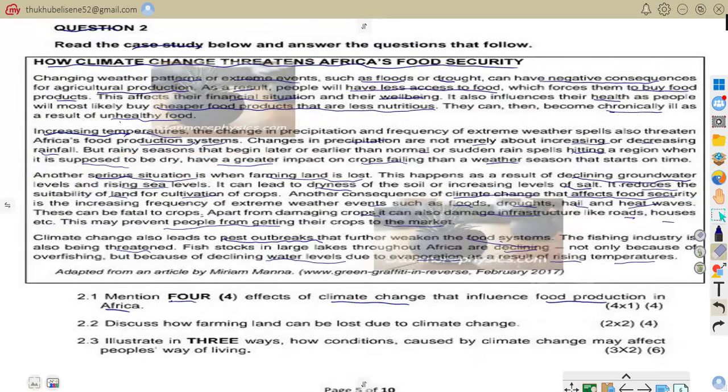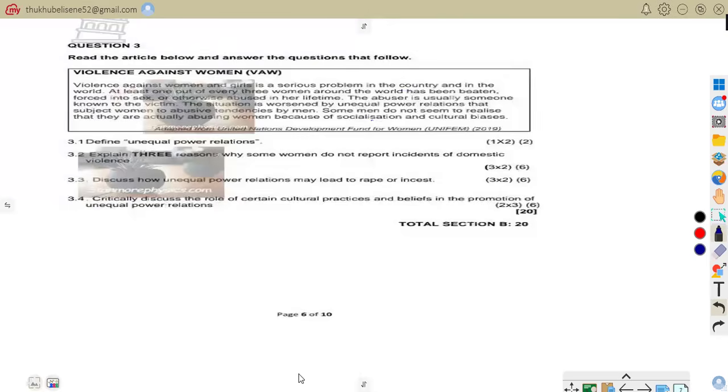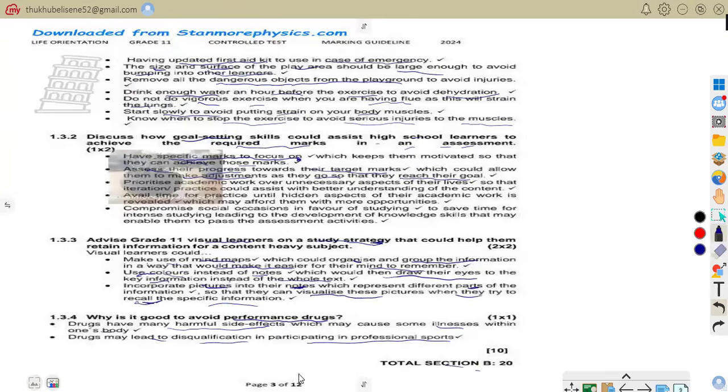In 2.2, we are asked to discuss how farming land can be lost due to climate change. So let's quickly attend to it.